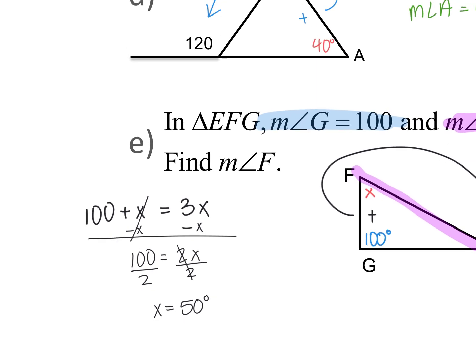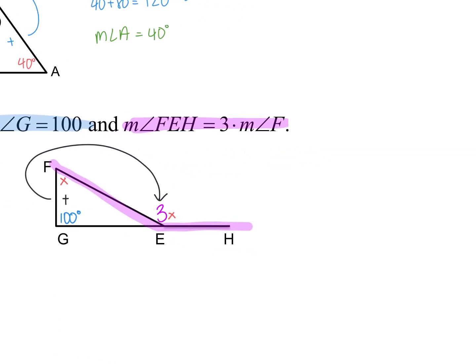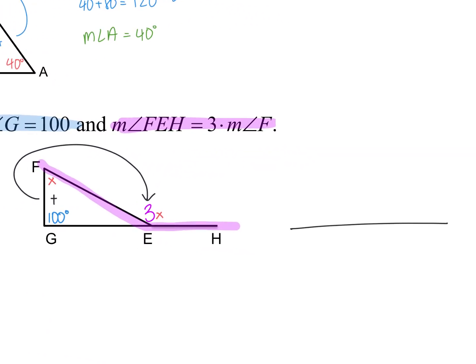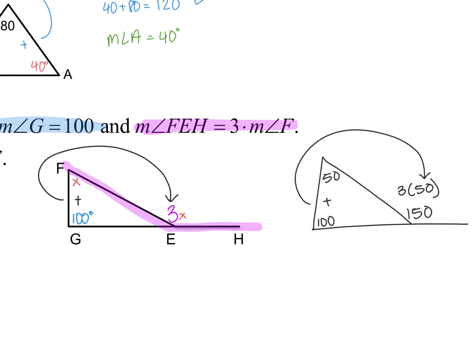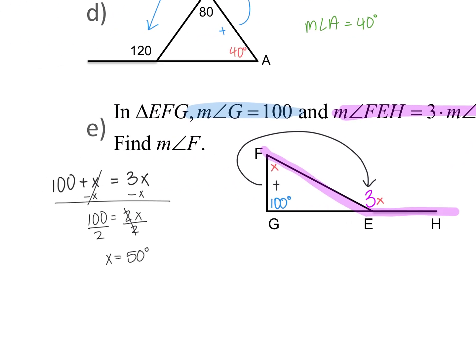Let's go ahead and check my work. If I solved it correctly, we said this was 100. If I plug in 50 here, I have 3 times 50, which gives me 150. If I add 100 and 50, does that give me 150 degrees? Yes, so I know my answer is correct. X equals 50 and I'm done.